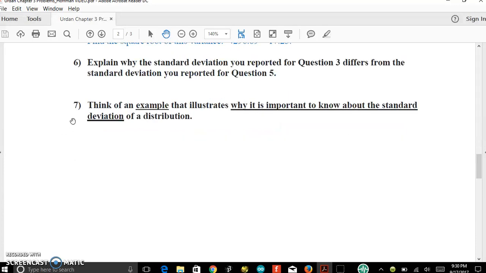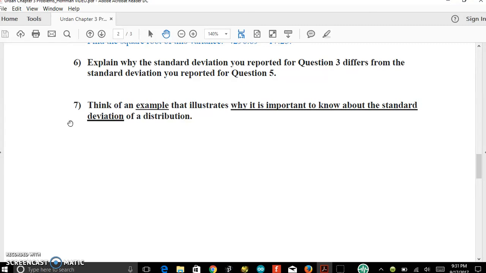Question 7. Think of an example that illustrates why it is important to know about the standard deviation of a distribution. And Dan described one example. I often consider student evaluations of my teaching and strive to be the best teacher or professor possible.